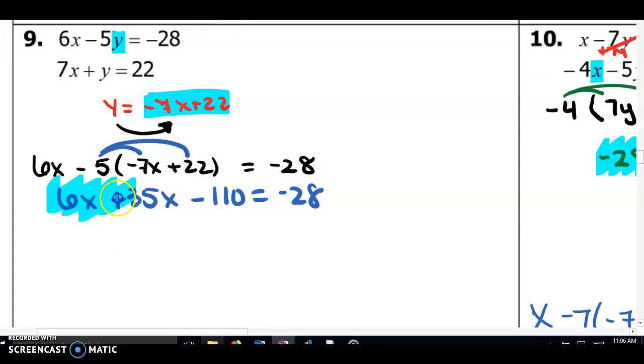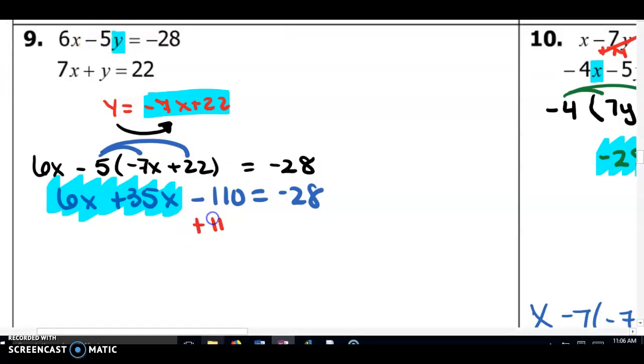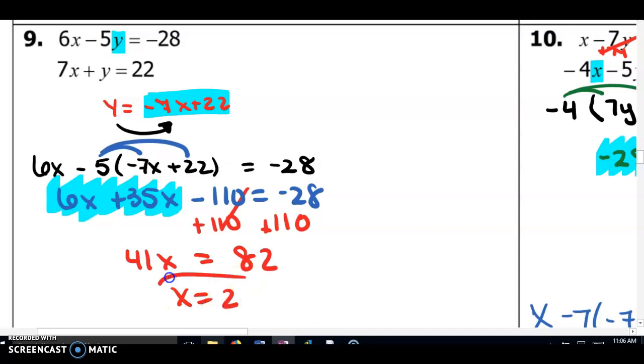These two terms are like terms, and we can also add 110 to the other side. So that gives us 41x equals 82. So x is 2.